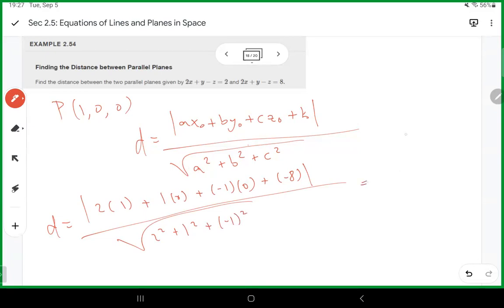And that is going to give us 6 over the square root of 6, which just works out to be the square root of 6. So that time they did rationalize it.